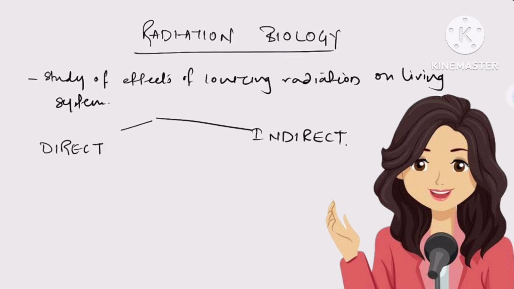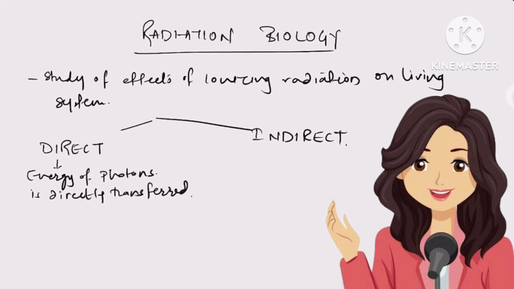Biological macromolecules are DNA, RNA, mitochondria, etc. So direct effects are where the energy of photons is directly transferred to biological macromolecule. This is direct effect.